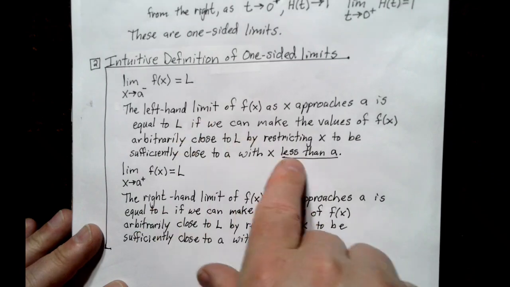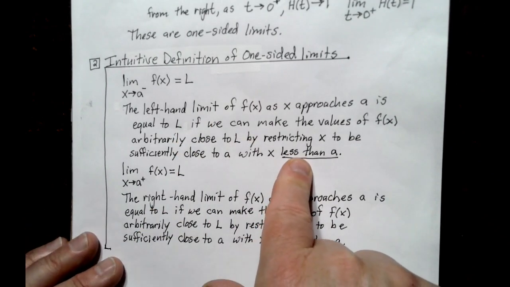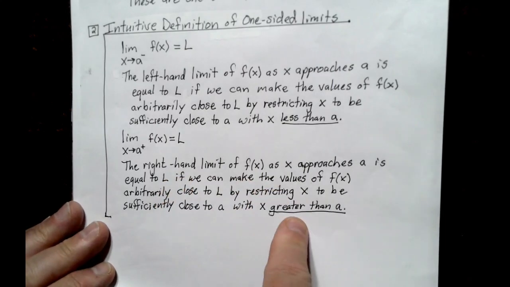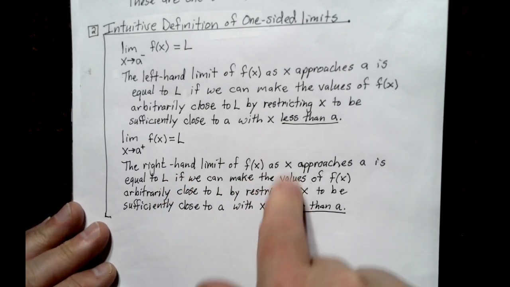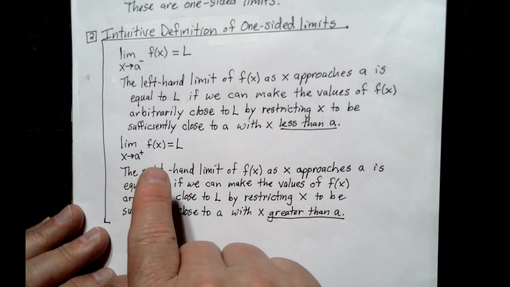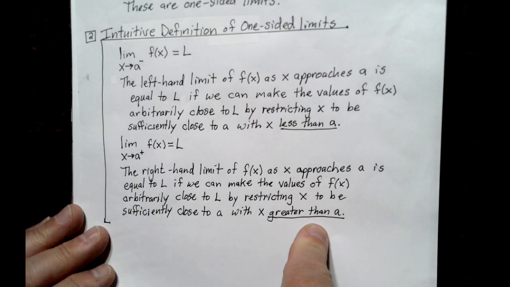For left hand, you're always saying that the value you're approaching is coming at it from the left, so it's less than. And the same thing is true for the right, except you just say greater than. Now these definitions are just like the definition on the first page, except you're restricting to less than or greater than.